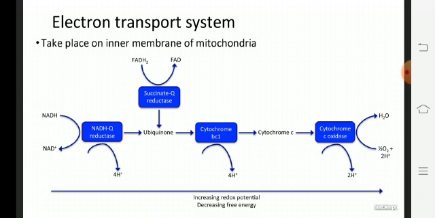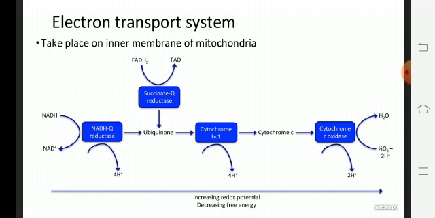So this completes the mechanism of aerobic respiration. It includes 3 important steps. First is glycolysis, which takes place in the cytoplasm, in which a molecule of glucose is broken down into 2 molecules of pyruvic acid. Then this pyruvic acid enters the mitochondrial matrix. Then there will be formation of acetyl coenzyme A, which is the starting part of the Krebs cycle.